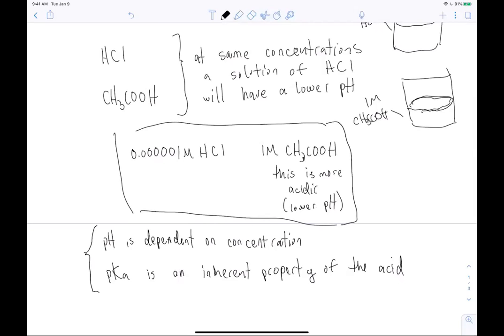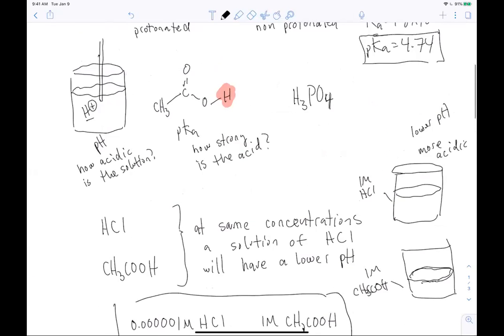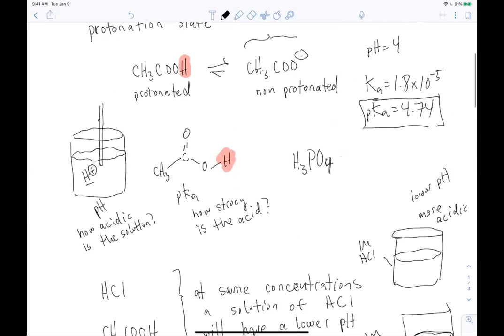And conversely, if you take something that you're used to drinking, like phosphoric acid in Coca-Cola, if you concentrate that enough, it will now become not safe to drink because pH is dependent on the concentration of the acid, not just the acid's pKa.